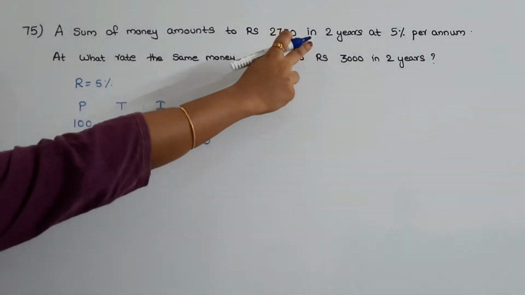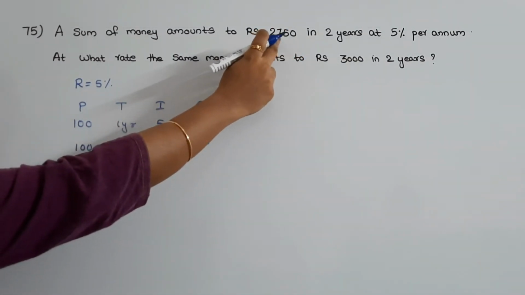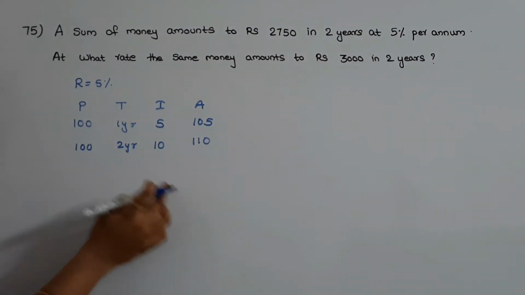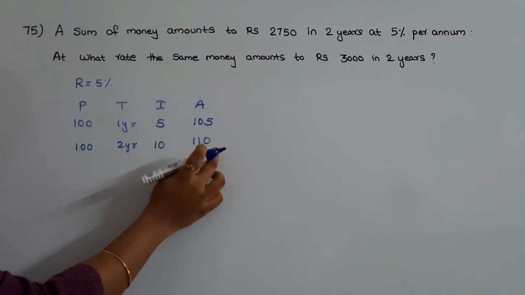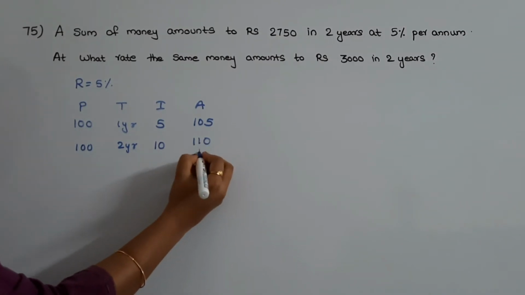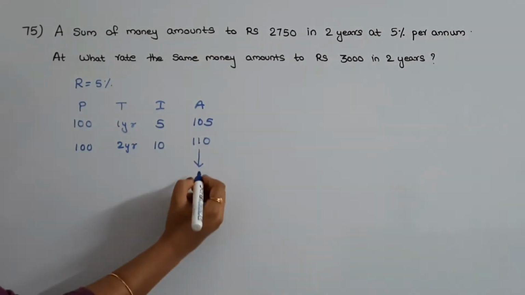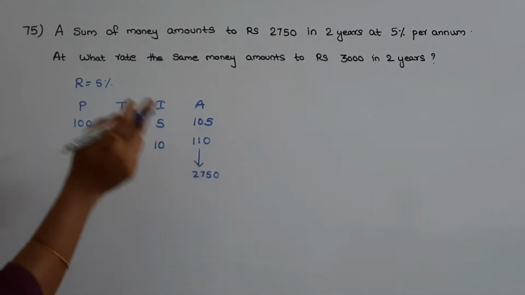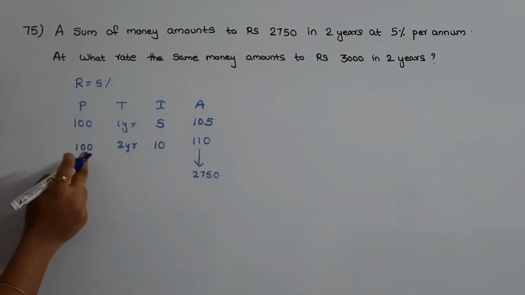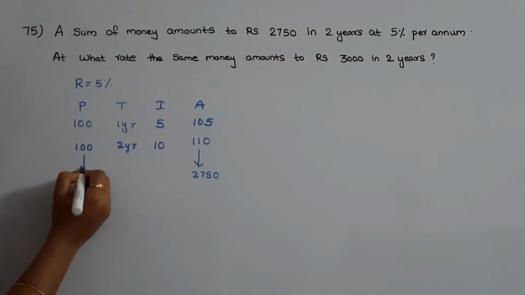Now, when the time period is 2 years, amount is given as 2750. So, when the principal is 100, time period is 2 years, amount is 110. So, this 110 is written in the question as 2750. Then, in order to find out the principal, we need to see how can we write this 100.